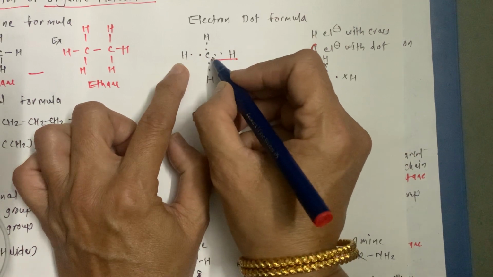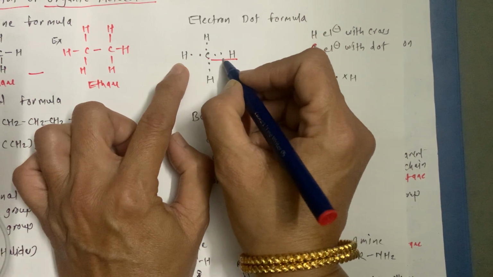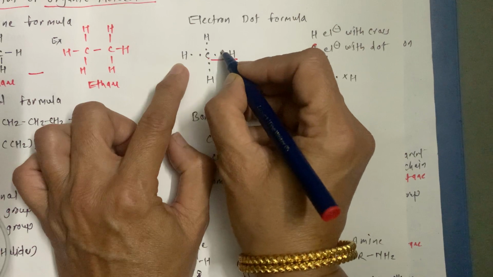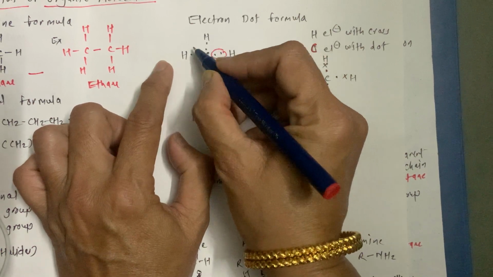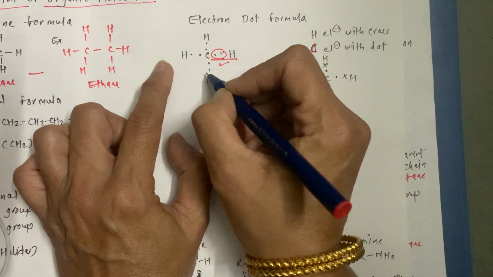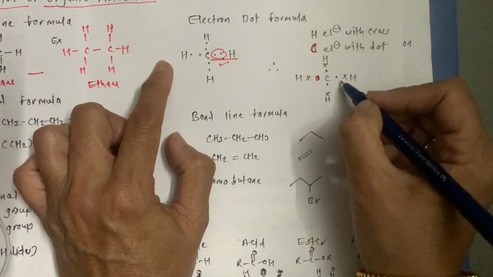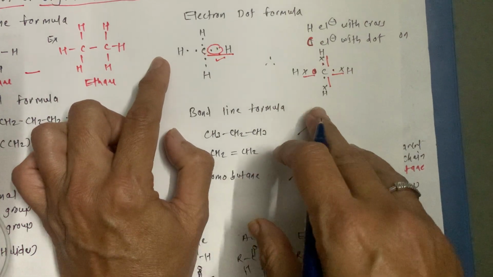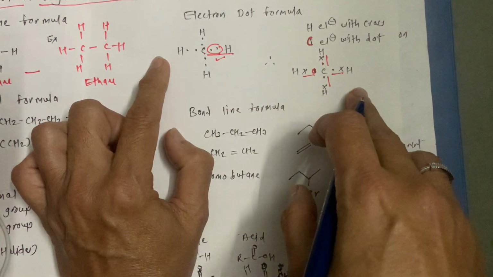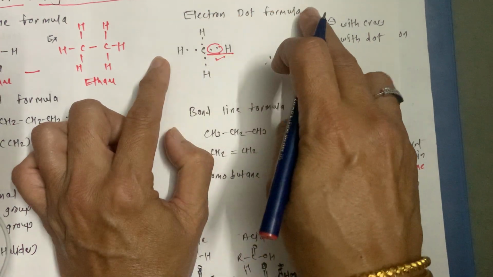One electron is from carbon, another electron is from hydrogen. So these two electrons form a covalent bond, and 1 2 3 4 covalent bonds are formed, and such type of formula is known as electron dot formula.